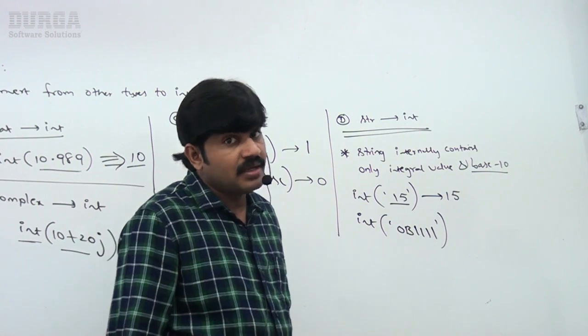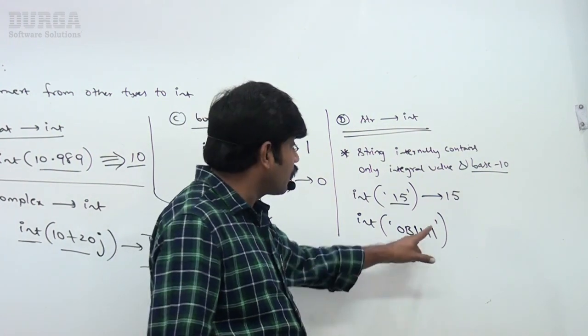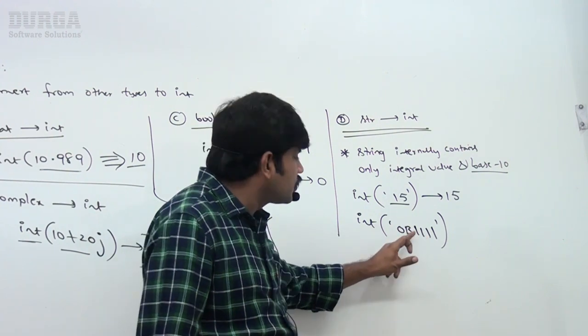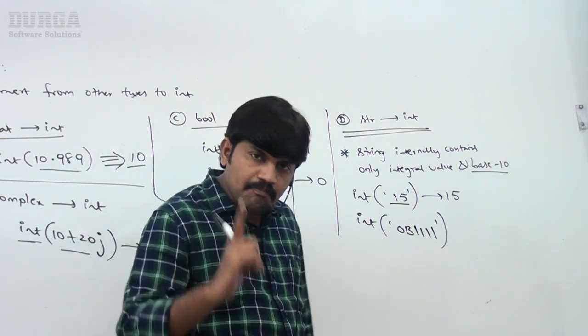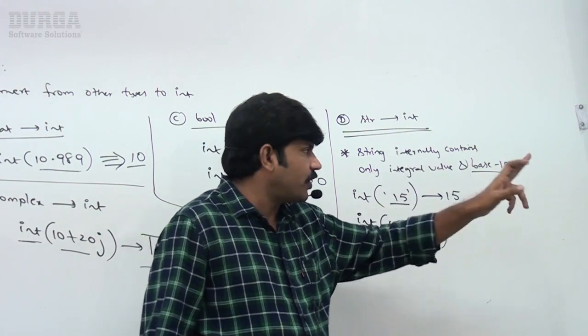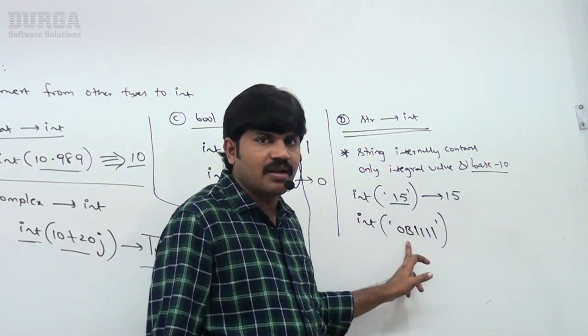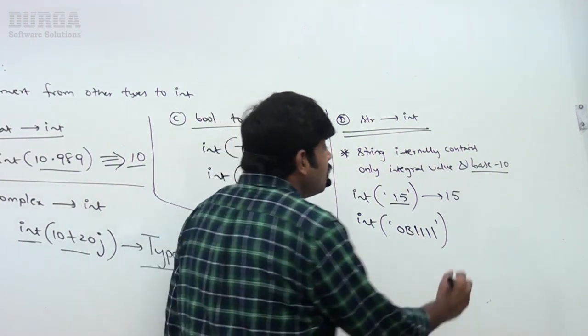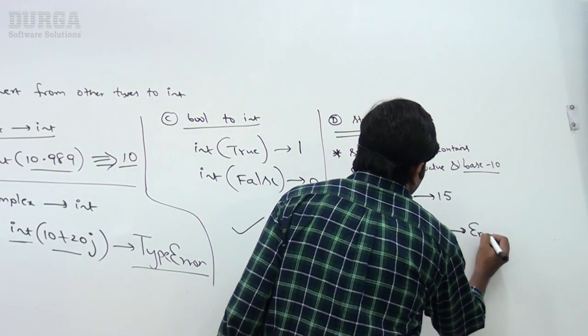Immediately we are going to get an error, sir, a value error. If you are trying to convert string to int type, compulsorily the string should contain an integral value and should be specified only in base 10, but you are not specifying base 10, you are using binary form. That's why immediately we are going to get a value error.